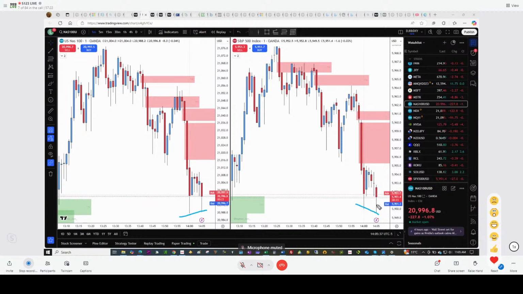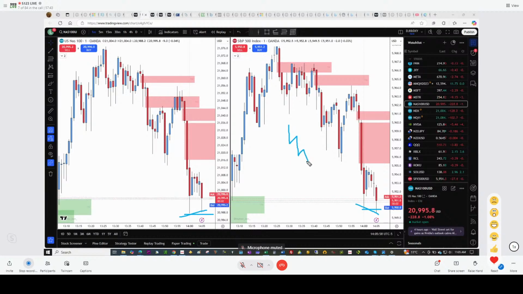So S&P was a little bit weaker right here, and the NAS could not break that low. So we're getting that divergence. So it's good to look at both to see which one, and I call it which one's telling the truth, because the truth is our structure.